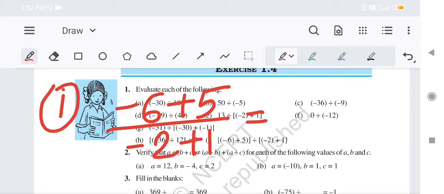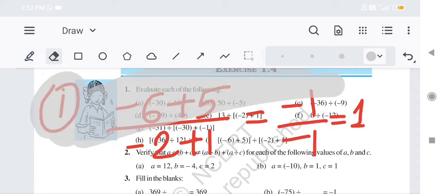So minus 6 plus 5, two different signs, means the operation is subtraction and the sign will be of the bigger one, so minus 1 will be the answer for the numerator. In the denominator we will get again minus 2 plus 1, so minus 1. After dividing two negative integers, we will get a positive integer. So in the answer we will get plus 1.